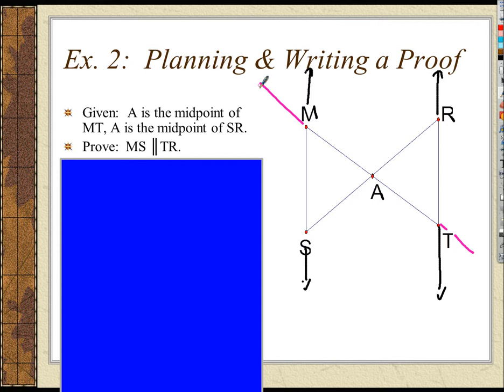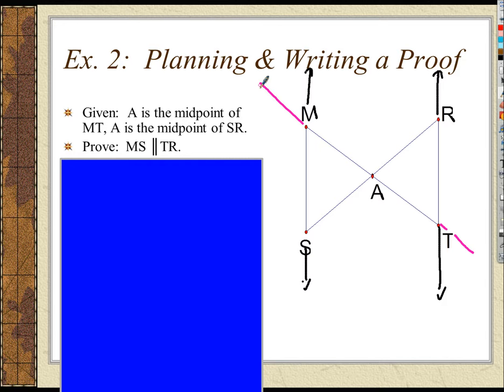Yeah, if alternate interior angles are congruent, then the lines are parallel. We call that the alternate interior angles converse. Wouldn't angles M and T be alternate interiors here? Does everybody see that relationship?